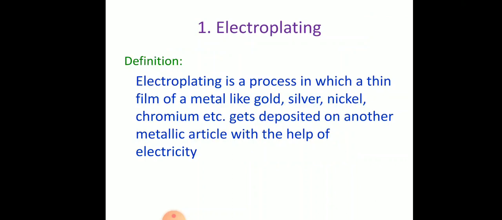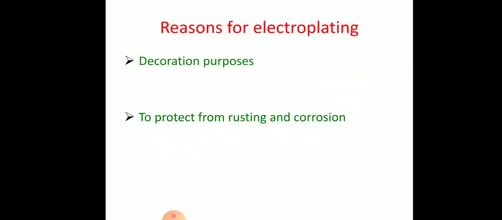So it is a process in which a thin layer of a superior metal like gold or silver can be deposited on another inferior metal like iron or steel. This process we call electroplating. So the covering of one metal with another by the process of electrolysis, we call electroplating. That is the definition.